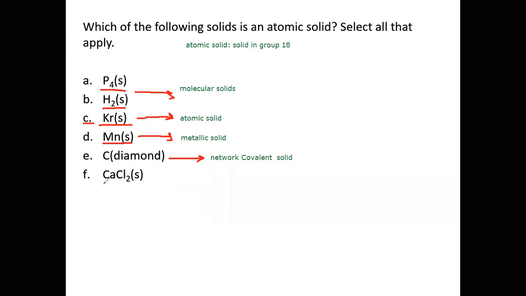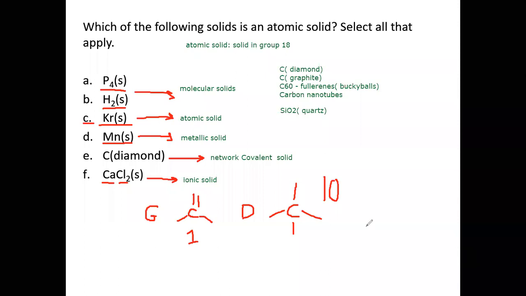You notice here we have a metal and a nonmetal. This is the characteristic of an ionic solid. Anytime you have a metal and a nonmetal together, it's going to be an ionic solid. It's an ionic solid because it has cations and anions. So that's what you ask yourself when you go through these and try to determine what type of solid it is. All right, so we'll continue.